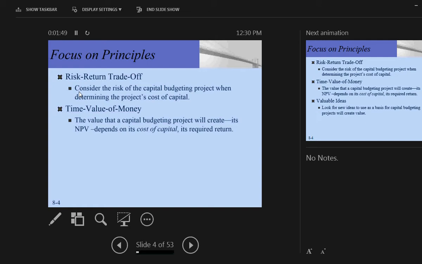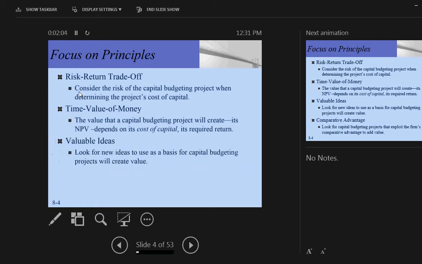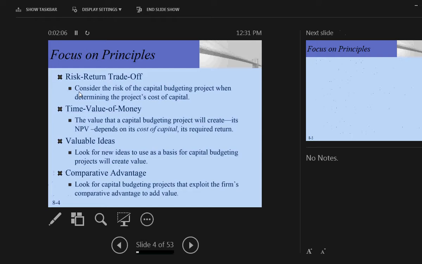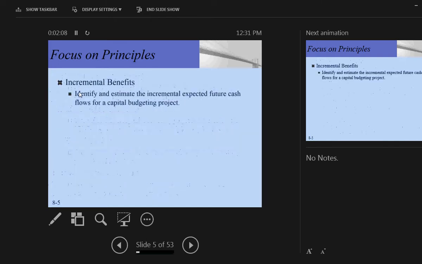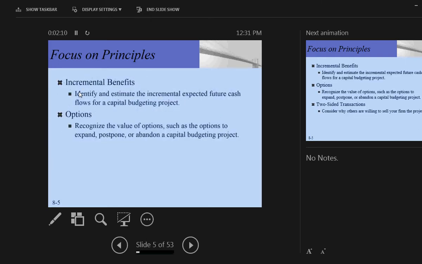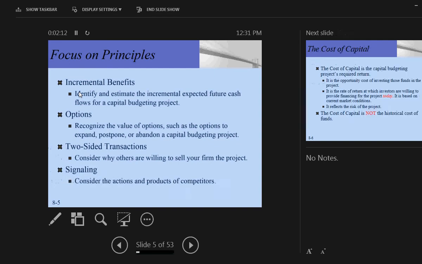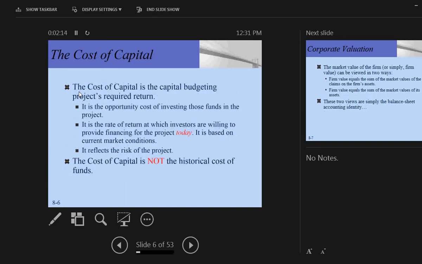So we would only take this investment if the present value of the revenues or cash flows exceeds the present value of the cost, that sort of thing. All right. There are other principles that we use, but these two are the most heavily used ones. So I'm going to skip the rest and move on to the actual material.